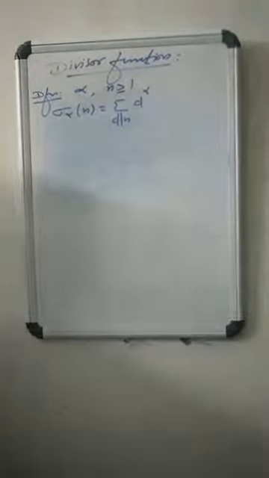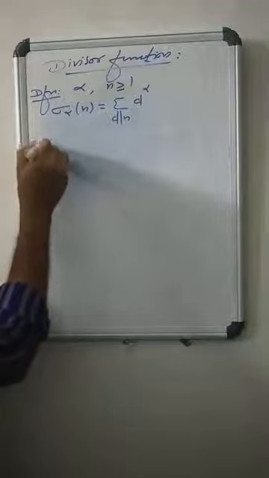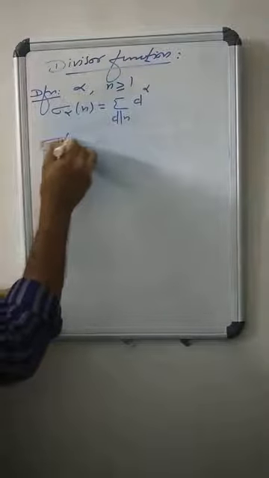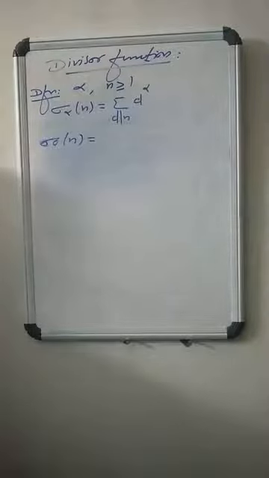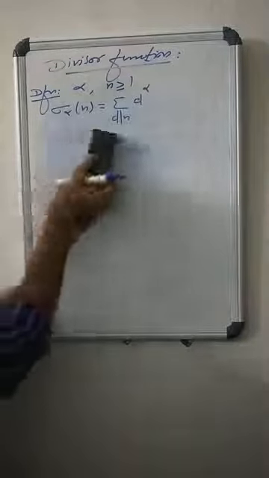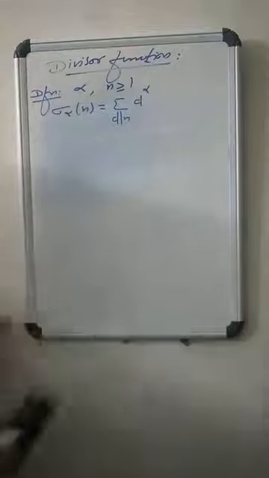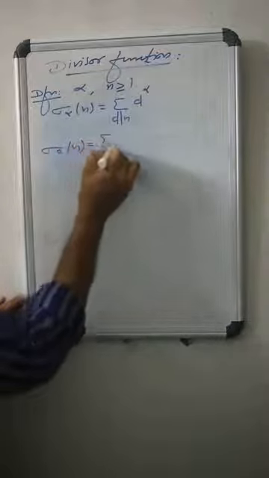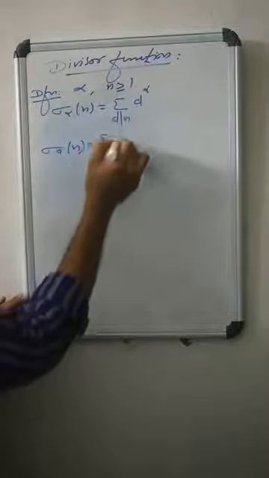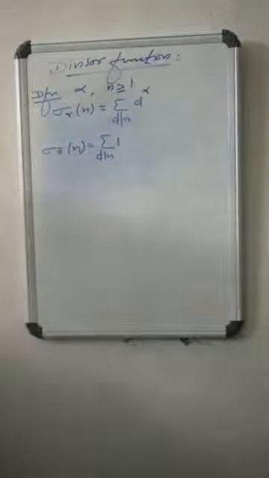Okay. Now, what about σ_0 of n? Here α is real or complex, by the choice of α. Hence, when α equals 0, what is σ_0 of n? σ_0 of n equals the sum over d dividing n of d^0, that is 1.